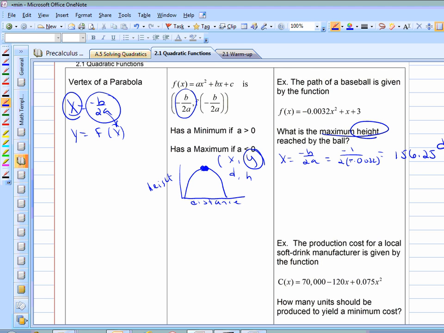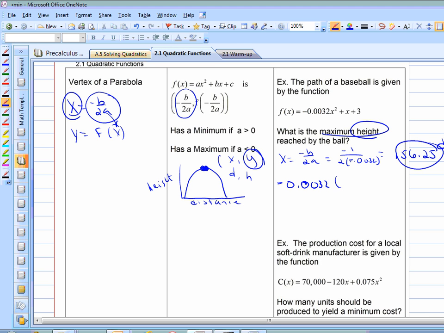Now, to find the actual height, we would need to take this value and plug it back in. So we would have -0.0032 times 156.25 squared, plus 156.25, plus 3.